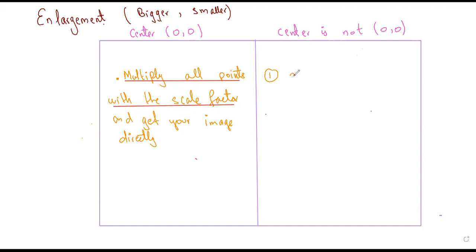Number 1, subtract center. Number 2, multiply by the scale factor, that is k, multiply by k.